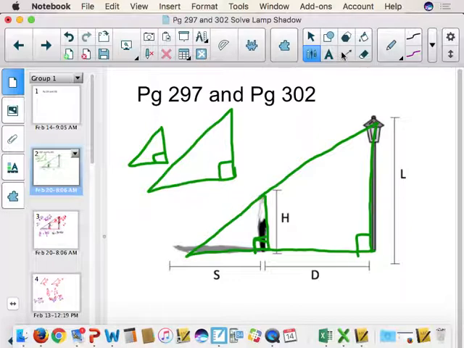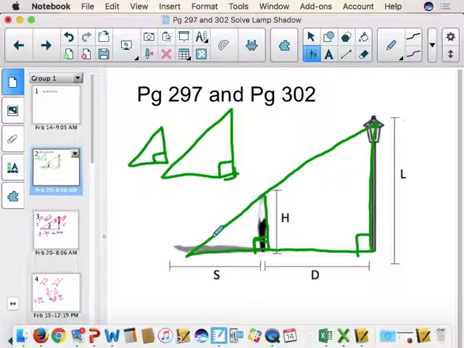Let's see if I can draw this a little bit better here. At least it's kind of horizontal. Do we have any other angles that are the same? This one right here.